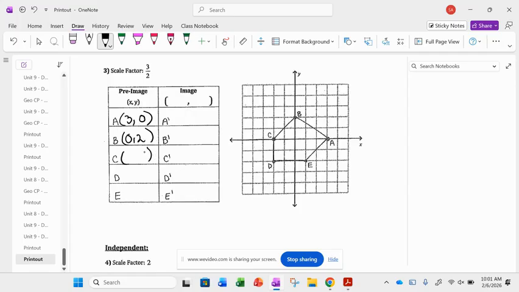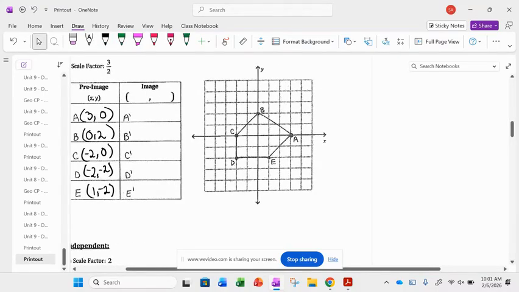Jack M, tell me the pre-image coordinate for C. Good. Sebastian, tell me the pre-image coordinate for D. Perfect. Maya, tell me the pre-image coordinate for E. 1, -2. Perfect.